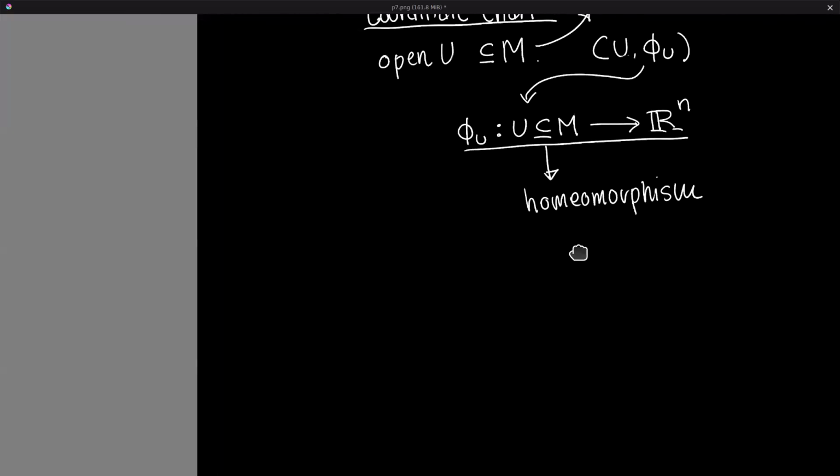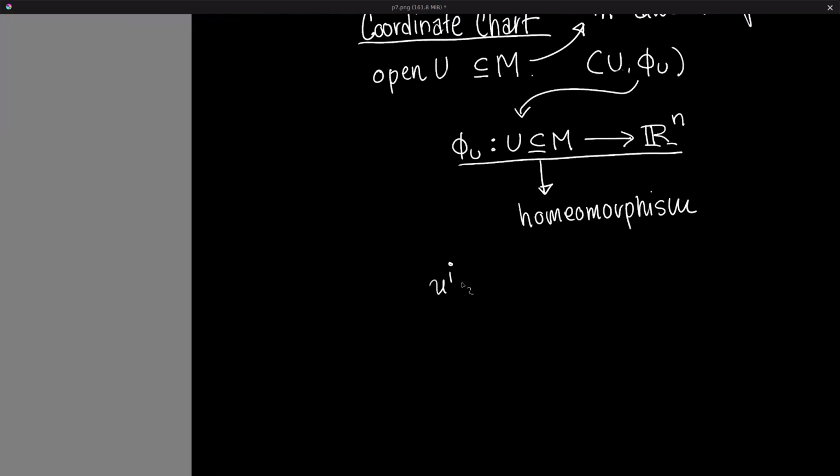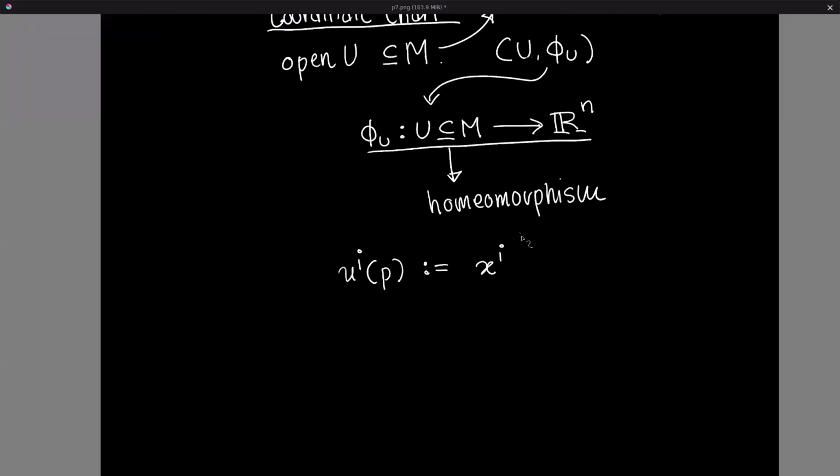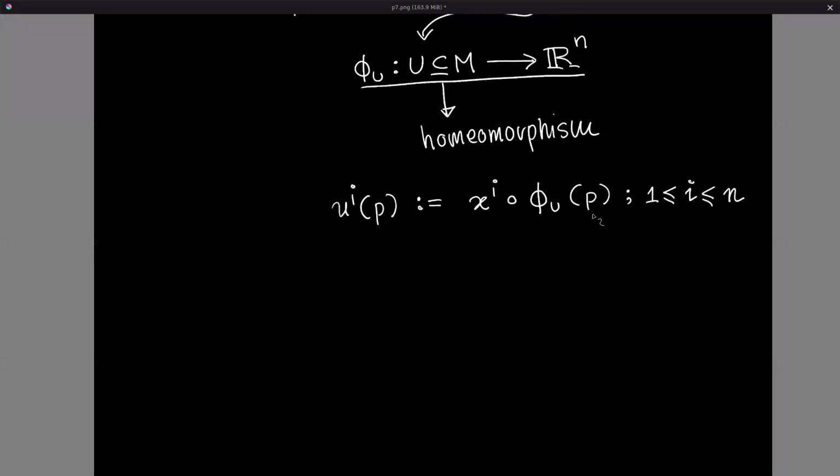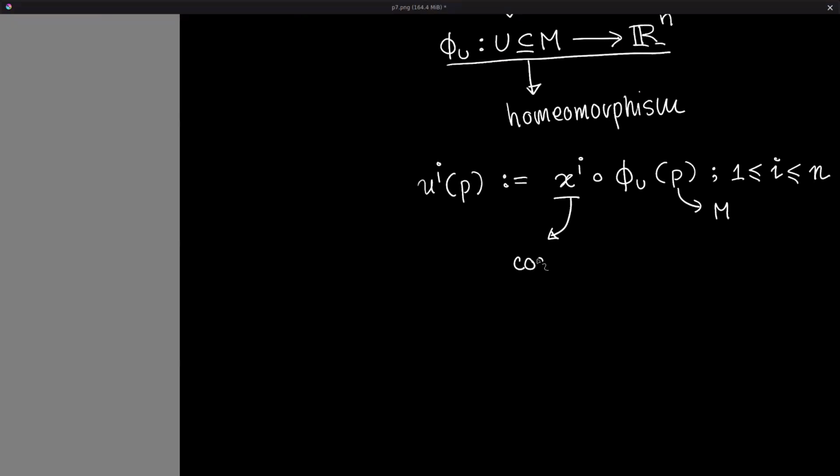Now, from there, we can define something called local coordinates, which is a map that looks like this. I'm going to explain what this means in a little bit. P is an element of M, and we're taking phi_U, which takes us from the manifold into the chart, and then composing that with this thing, which I haven't defined yet. This is called the coordinate function.